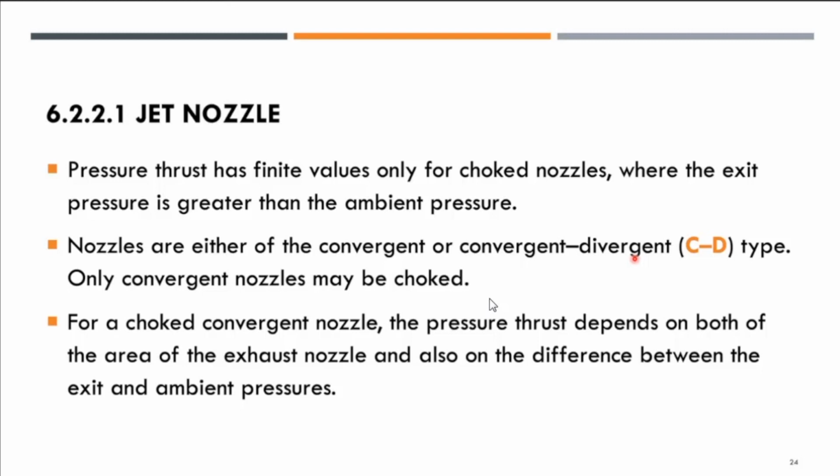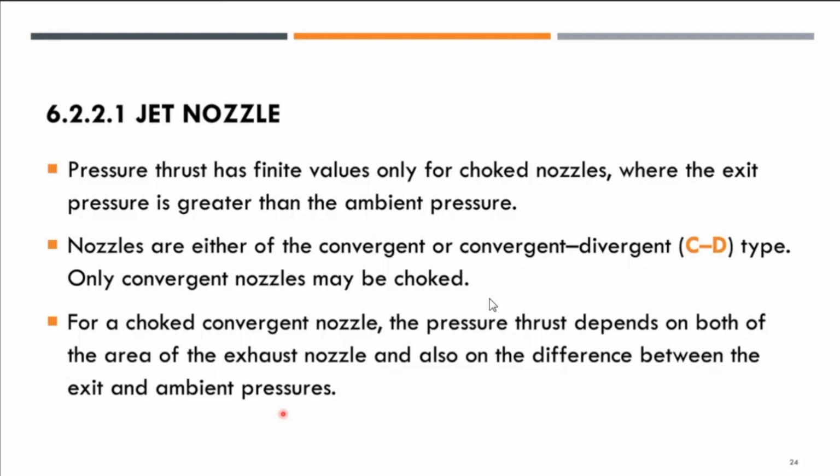Right? We have seen this in our earlier chapters. Only a convergent nozzle may be choked. A convergent divergent nozzle does not have a choked condition. For a choked convergent nozzle where air cannot be further accelerated in the nozzle, it provides a pressure thrust, which depends on both the area of the exhaust nozzle and also the difference between the exit and ambient pressure.